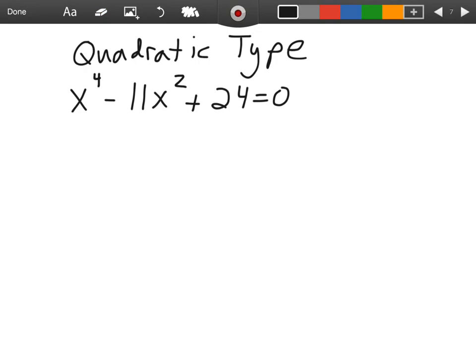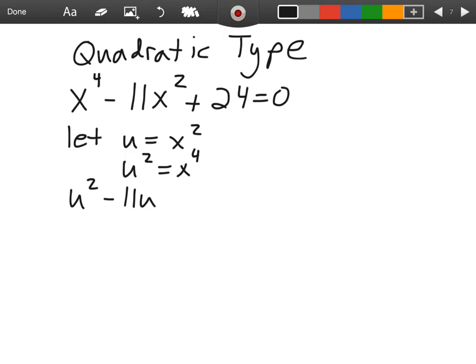Okay, if we treat it the same way, can we get an answer using quadratic techniques? Well, yes, you can. Let's first do a substitution. Let's let u equal x squared. So u squared is x to the fourth. So that gives you u squared minus 11u plus 24 equals 0.